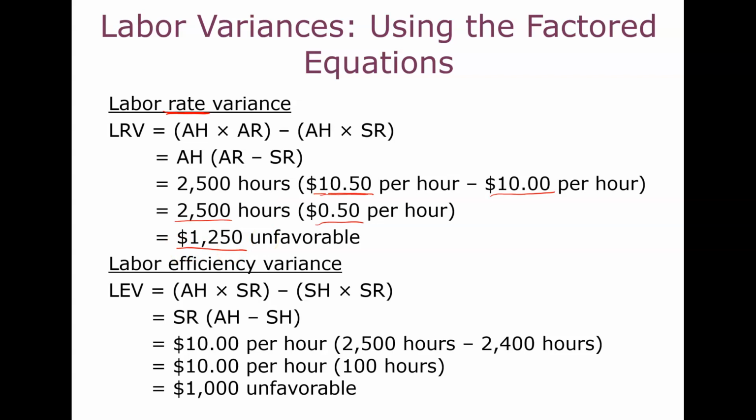For the labor efficiency variance, you can also take how many hours you used and subtract how many hours you should have used, and that is 100 hours. Multiply that by your budgeted per hour amount, and that's where you get your favorable or unfavorable, in this case, labor efficiency variance.